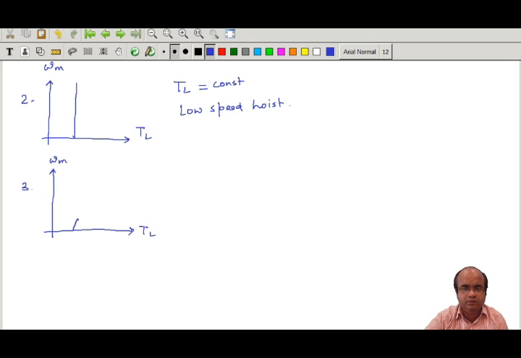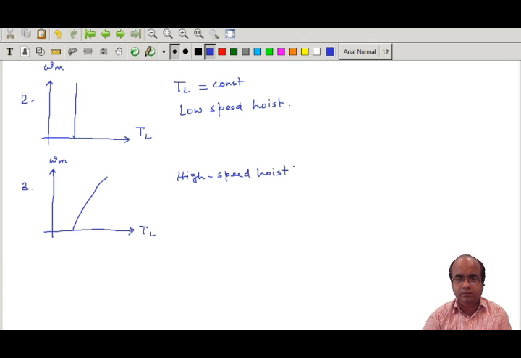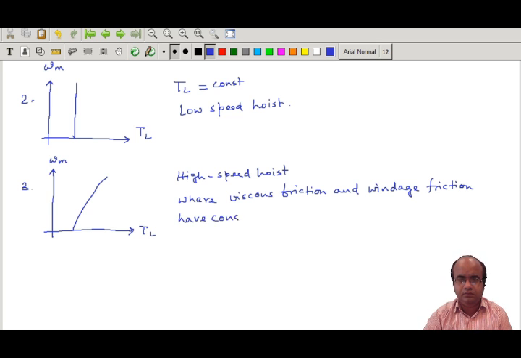This application is for the high speed hoist, where viscous friction and windage friction have a considerable amount.